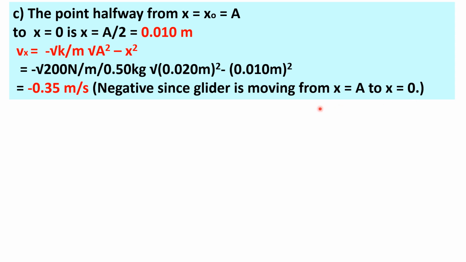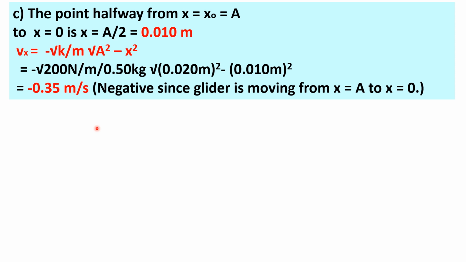In other words, the glider is moving to the left, approaching the equilibrium position from the maximum position x equals A, hence the negative sign of the velocity.